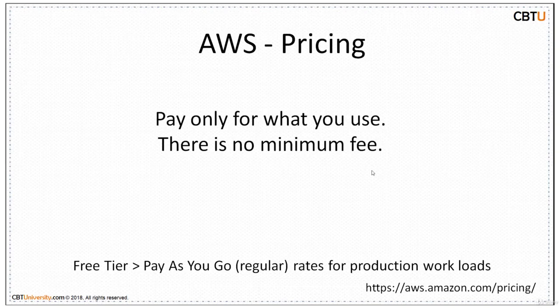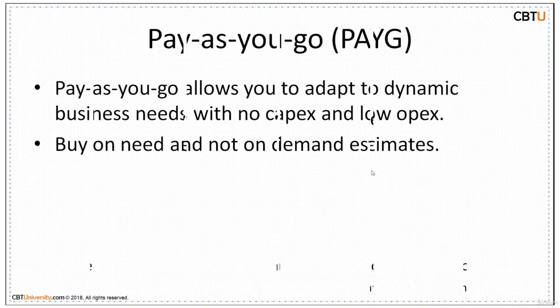You only pay for the services you consume, and once you stop using them, there are no additional costs or termination fees. Pay-as-you-go allows you to adapt to dynamic business needs with no CapEx, capital expenditure, and low OpEx, operating expenditure. You buy the services on need only and not on demand estimates or forecasts.